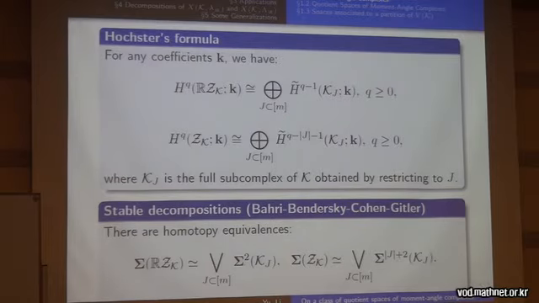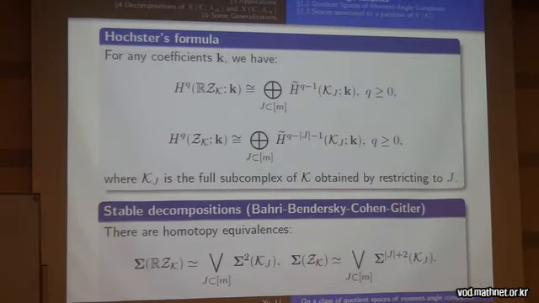So by this formula, the q-dimensional cohomology group of this space equals the sum, over subsets J, of the cohomology groups of K_J in dimension q minus |J| minus 1, where |J| means the number of elements in J, and K_J is the full subcomplex of K obtained by restricting to the subset J.